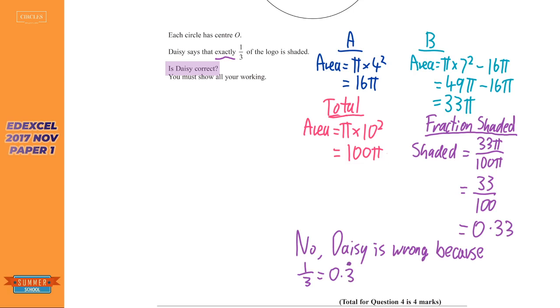Words to that effect. The important part that you must write down, because I see so many students lose marks over it, is this word here, either yes or no. Just make sure you answer the actual question, as well as obviously showing all your working out.